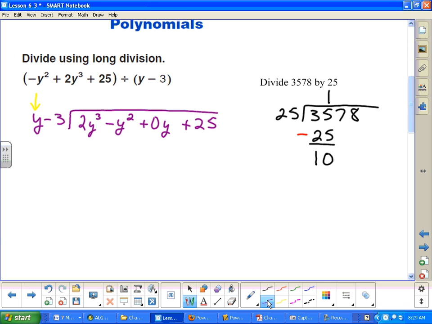So how many times does y go into 2y cubed? Or we can think of it as what is 2y cubed divided by y. So we're just focusing on the first one, and just the first one here. So the y, 2y cubed and y. So what's 2y cubed divided by y?